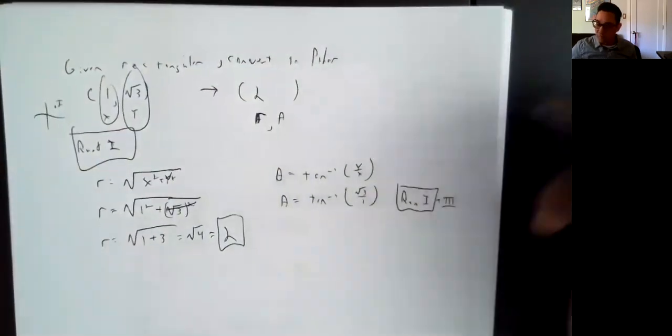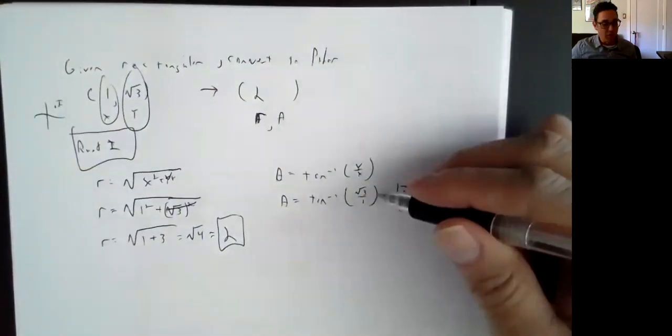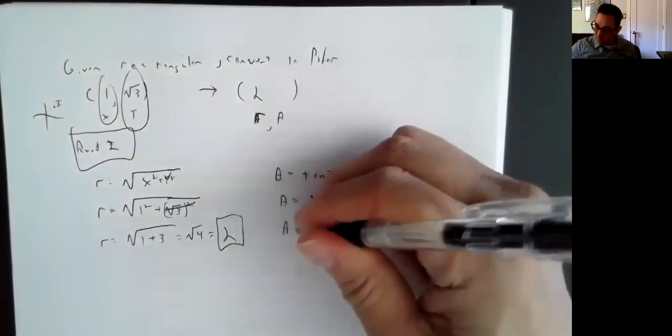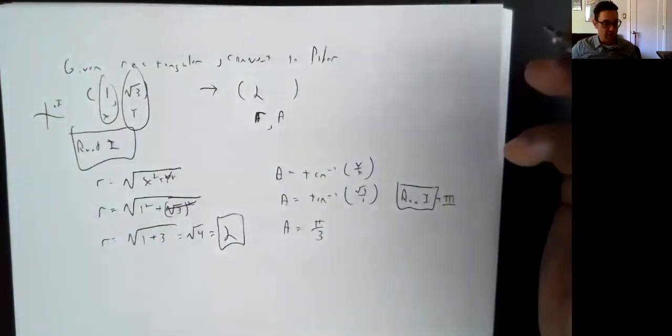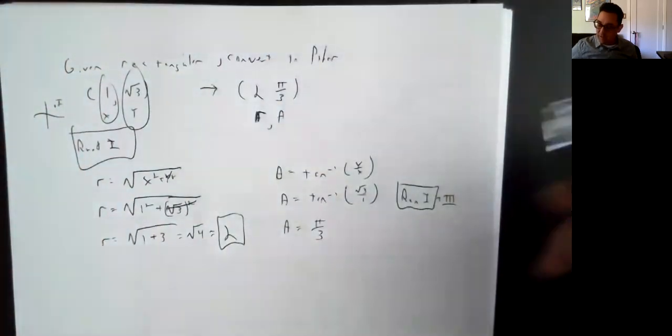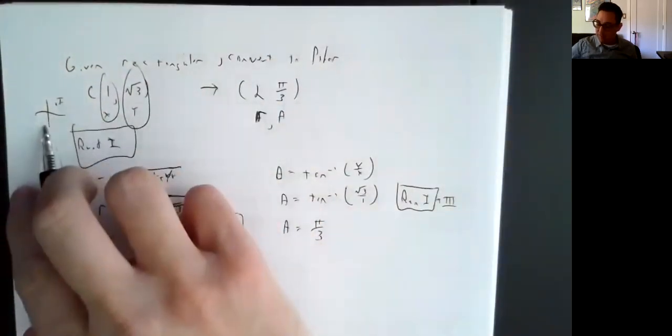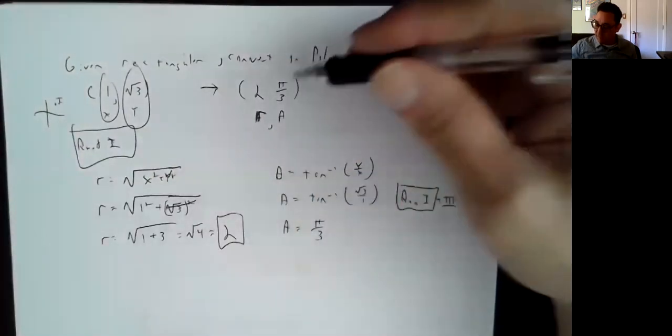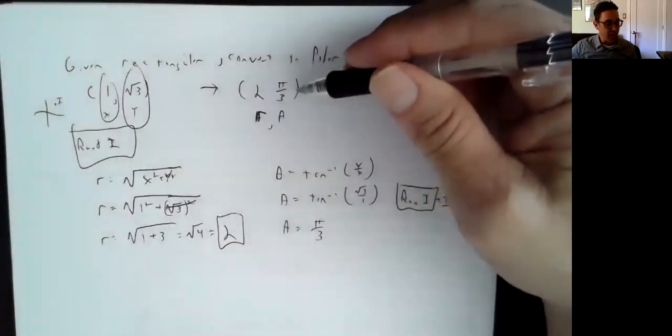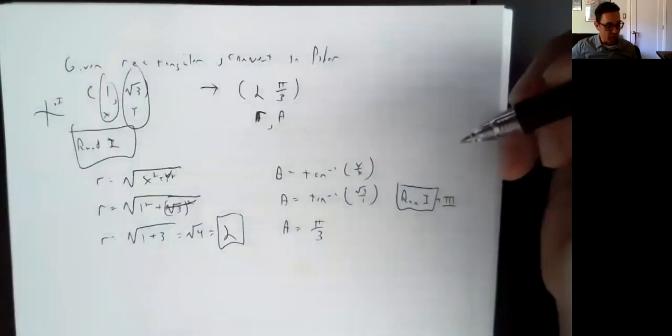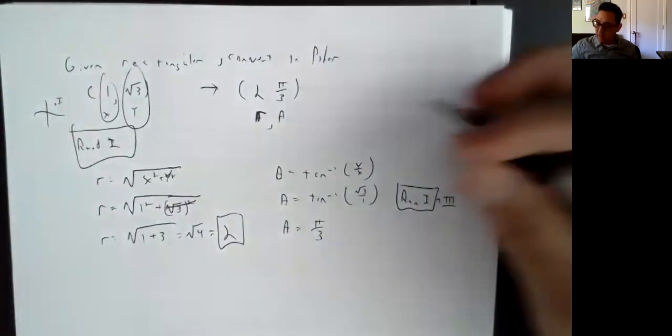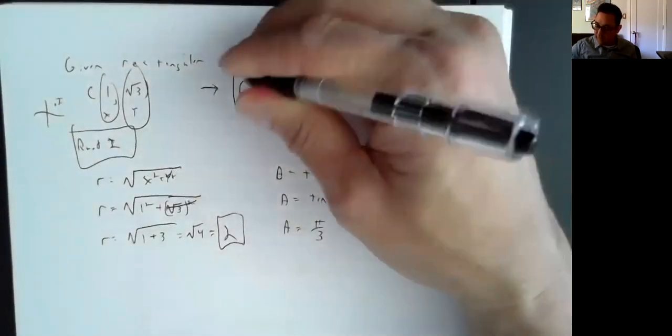So I'm going to use the quadrant 1 angle, and that turns out to be pi over 3. So that's my answer, pi over 3. If this had been negative, and in quadrant 3, I would have found the quadrant 3 version of this angle, and that would have been 4 pi over 3. So that's my final answer.